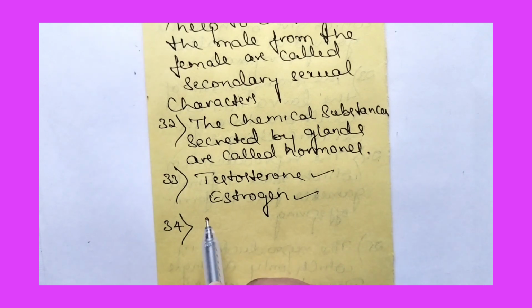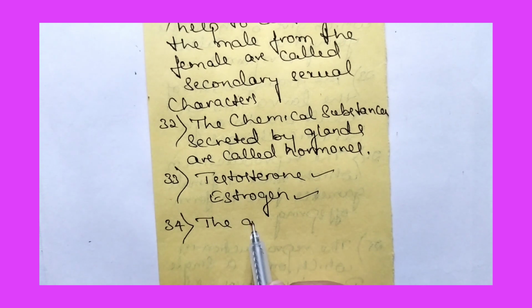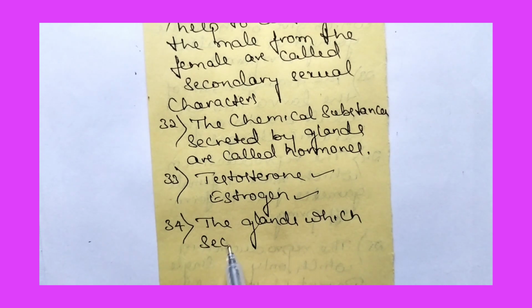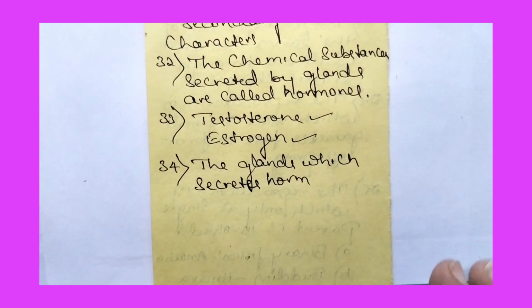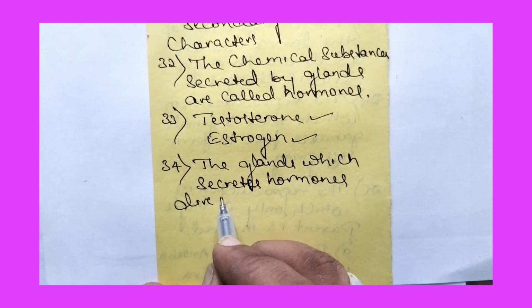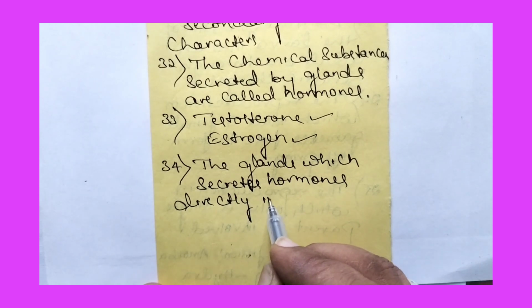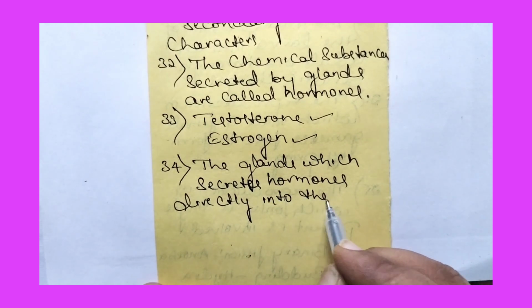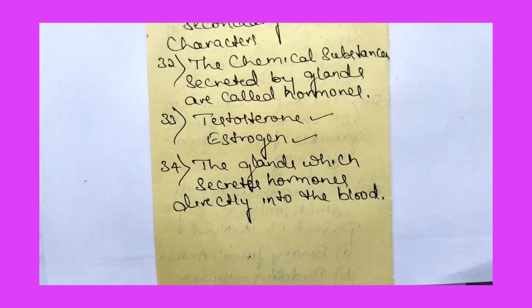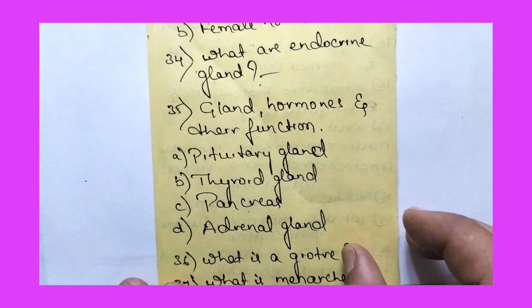The glands which secrete hormones directly into the blood are called endocrine glands.